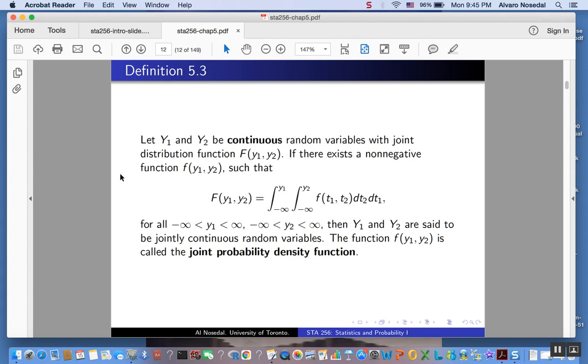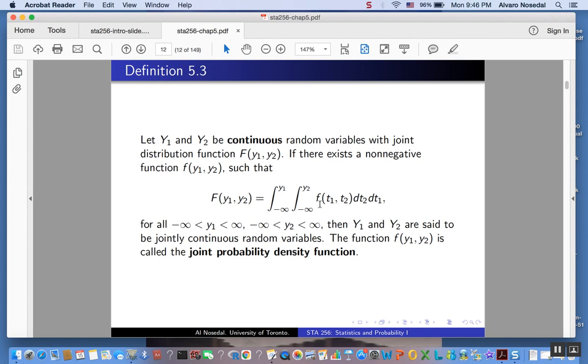So, it turns out before, the PDF would be inside a single integral here, and we would have the same relationship between a CDF and a PDF in the univariate case. Can you see that?